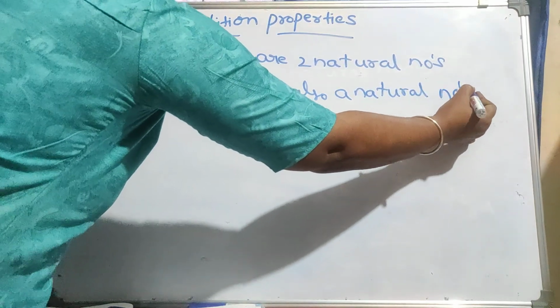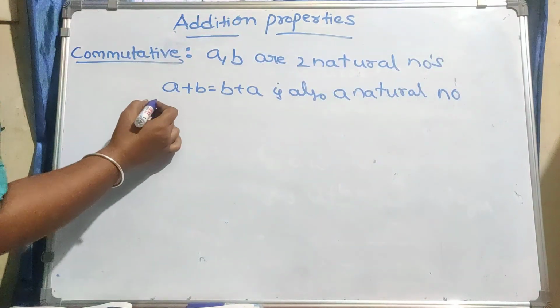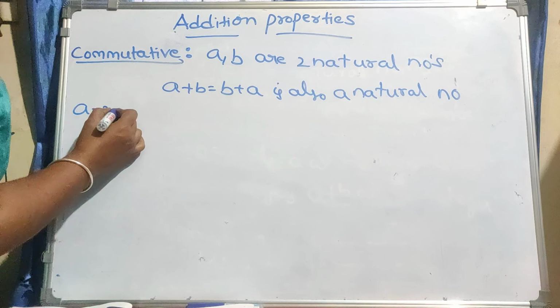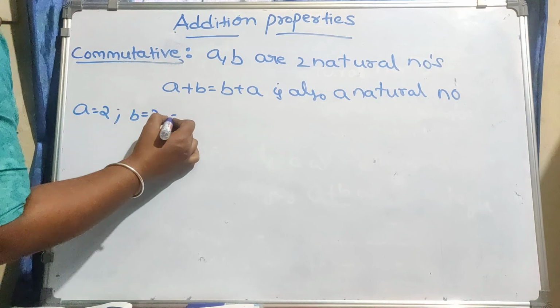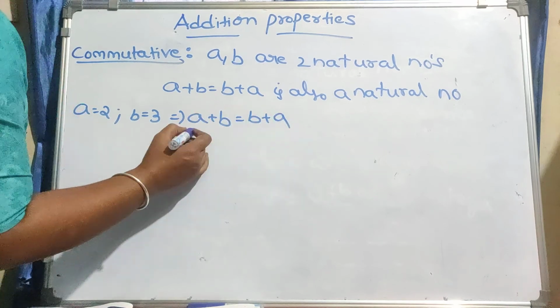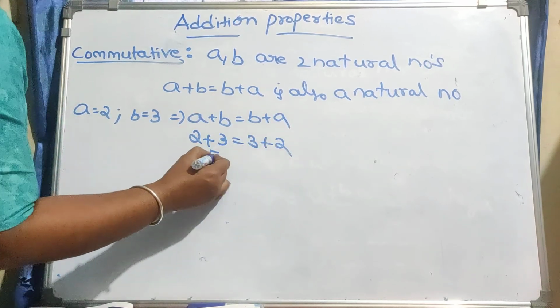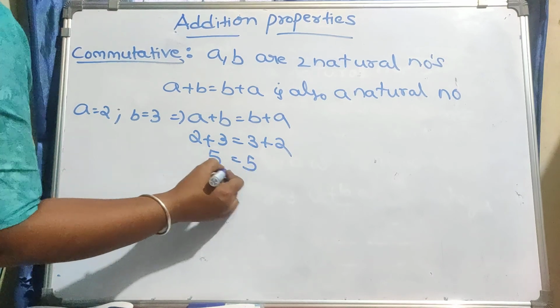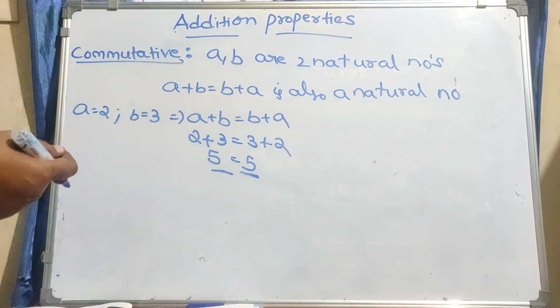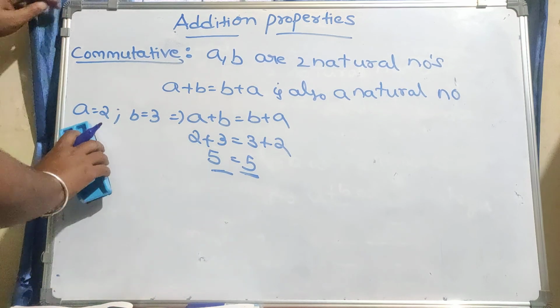This is commutative property. Here, for example, A is 2, B is 3. A plus B is B plus A: 2 plus 3 is 3 plus 2, this is also 5, this is also 5, and 5 is a natural number. This is commutative property.